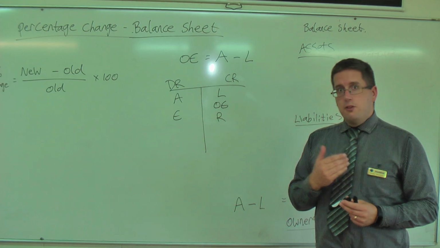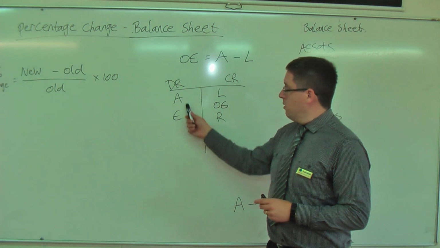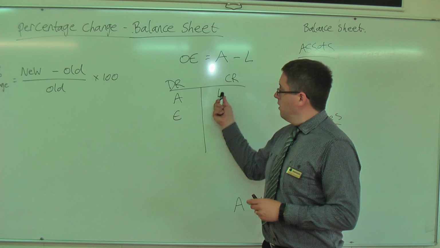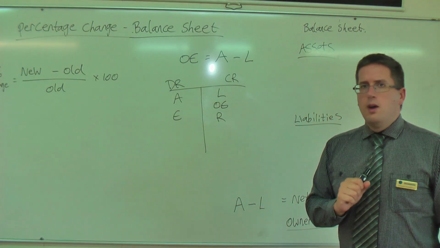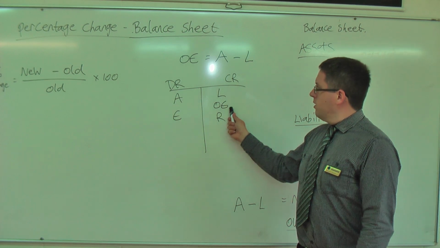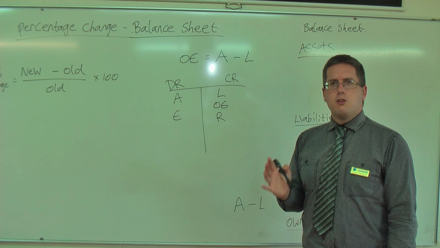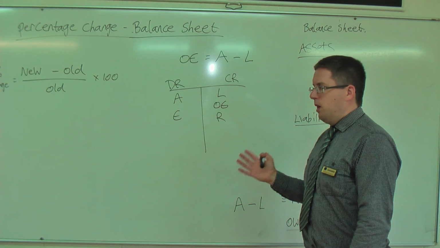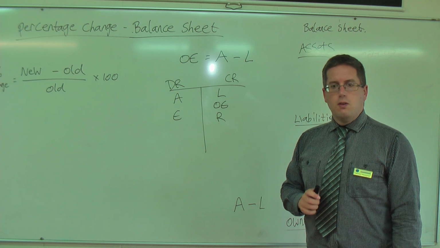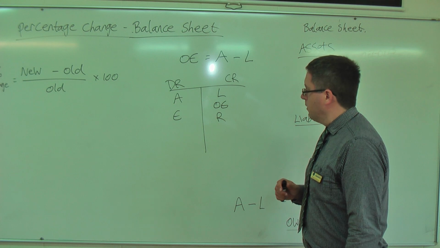If you see your example in your workbook, there's a whole lot of assets, a whole lot of liabilities, and some owner's equity items. Another owner's equity item that we've got in there is called retained earnings. Retained earnings is just past year profits. So past year profits get added to owner's equity that belongs to the owner.